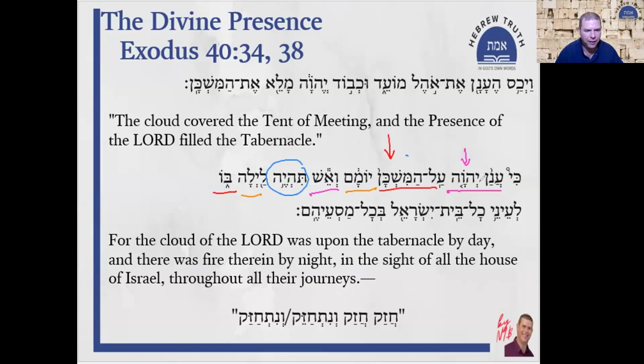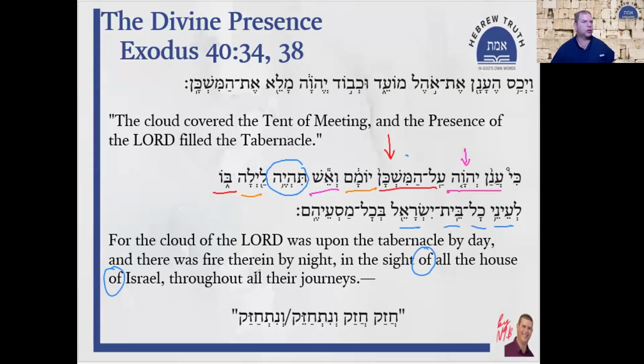Le'eyney kol Yisrael bekhol mas'eyhem, le'eyney kol beit Yisrael. Again, remember we've talked about construct chains. Note this beautiful construct chain: to the eyes of all of the house of Israel, throughout all of their journeys.